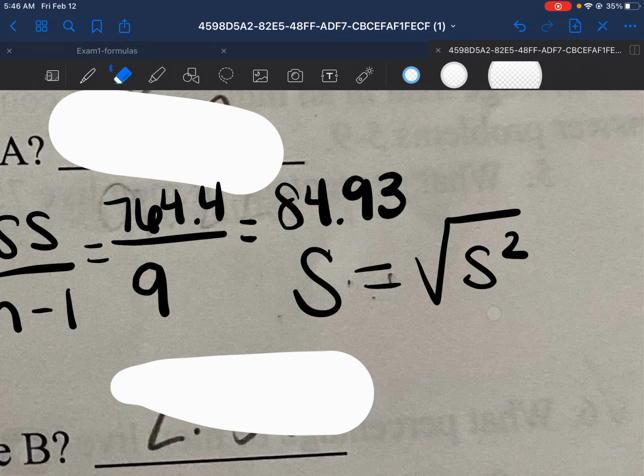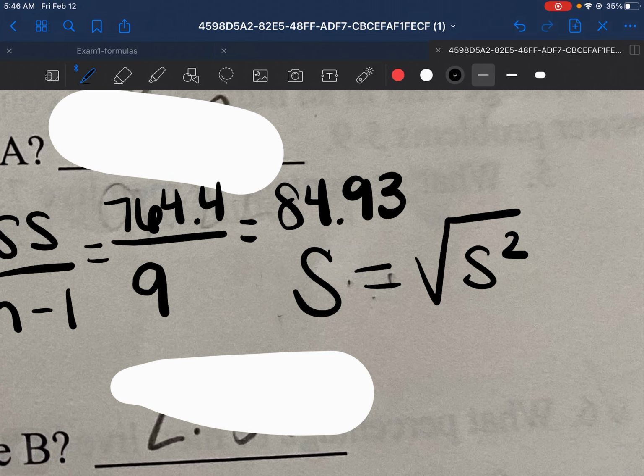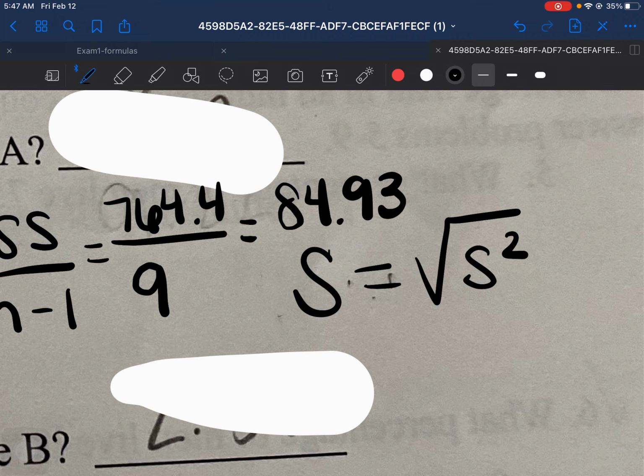Now, I put variation instead of variance. Sorry, it's 6 in the morning. I'm tired. But what we were actually asked to find is this value here, which is the standard deviation.